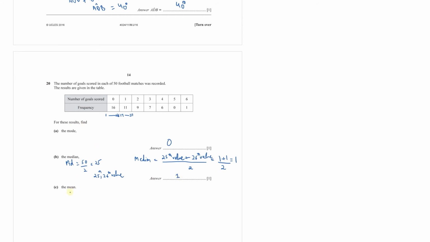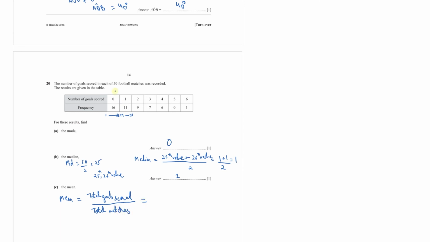Part C is you have to find the mean of the table given. So your mean would equal total goals scored divided by total matches.